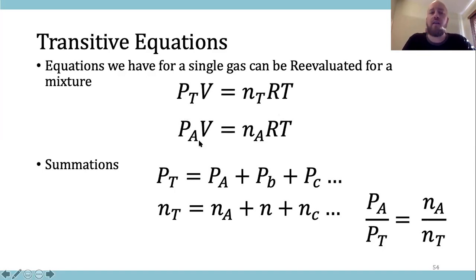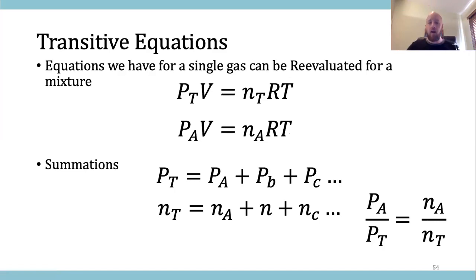Or we could look at the individual partial pressure. The partial pressure of one part of the gas is equal to the volume, and again, the volume's not going to change. Like your tire, for example, your tire doesn't change volume. All the gases inside your tire are the same volume, times the moles of that individual gas, R and T. Again, all the gases within the system are the same temperature, because you're assuming your system is uniform, that everything is mixed uniformly.